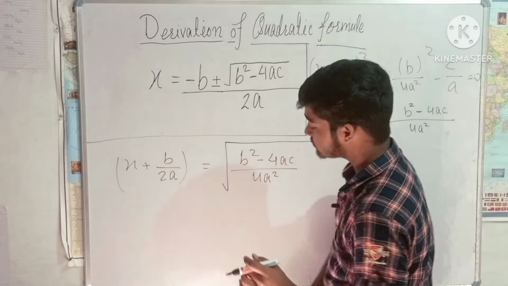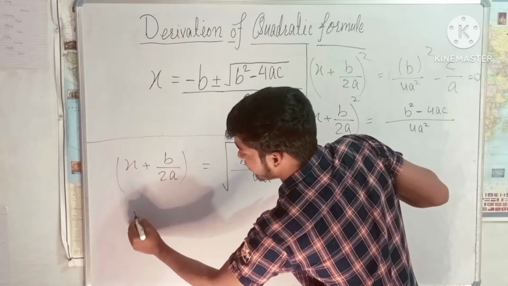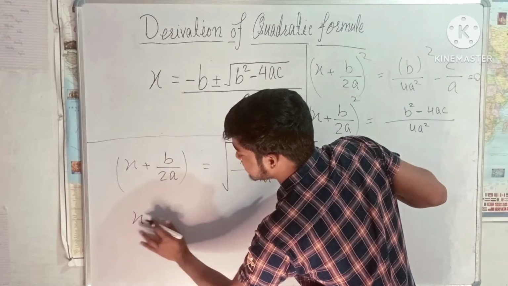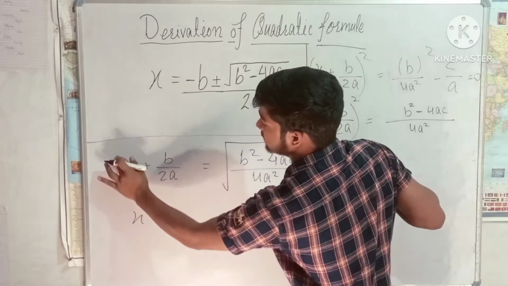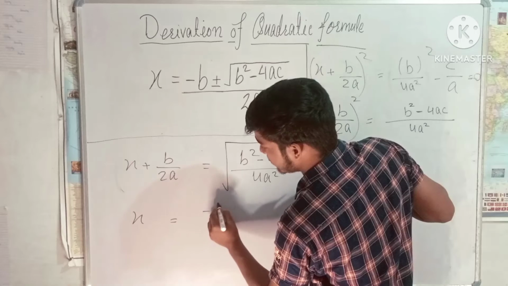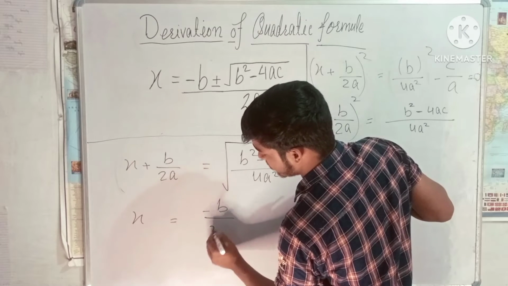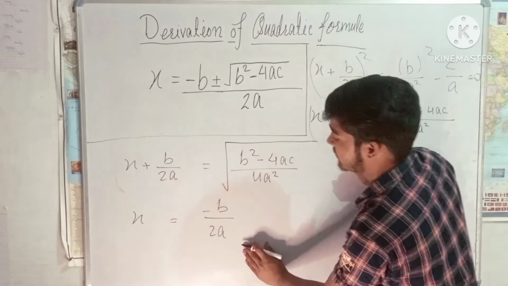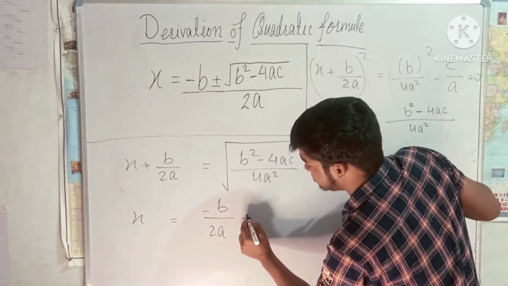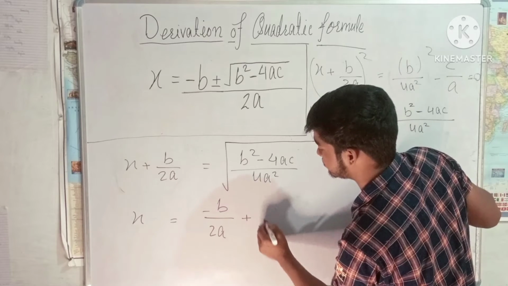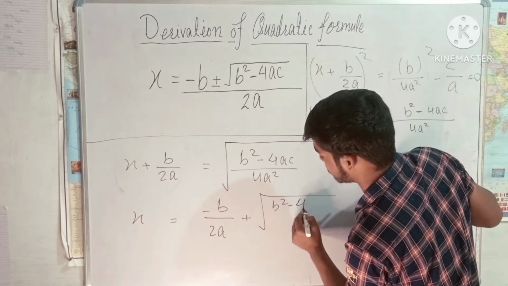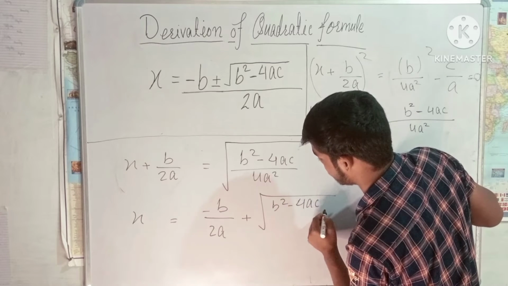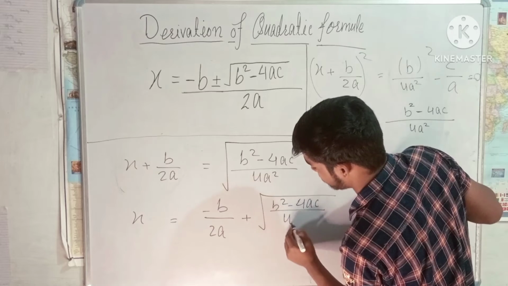Then x is equal to, when we transpose this to the right hand side, it will be minus b upon 2a, plus minus root of b square minus 4ac upon 4a square.